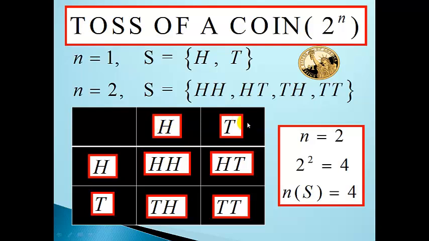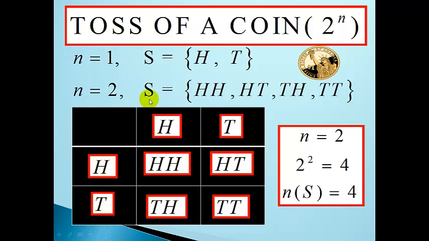Take note that tossing a coin twice is the same as tossing 2 coins once. I repeat, when you have a coin and you toss the coin twice, it's the same as when you have 2 coins and you are tossing them once. So when a coin is tossed once, you have a head tail, and when another coin is tossed once, you also have a head tail.